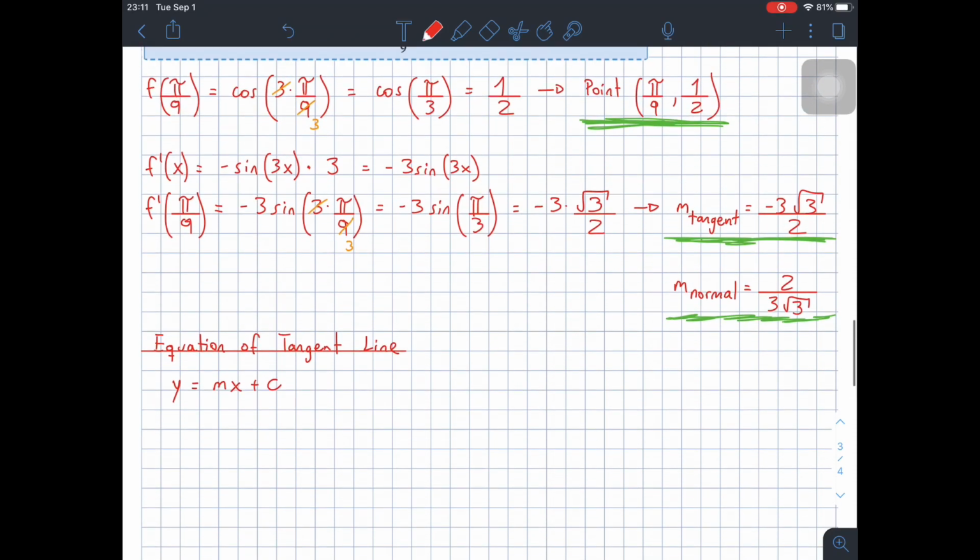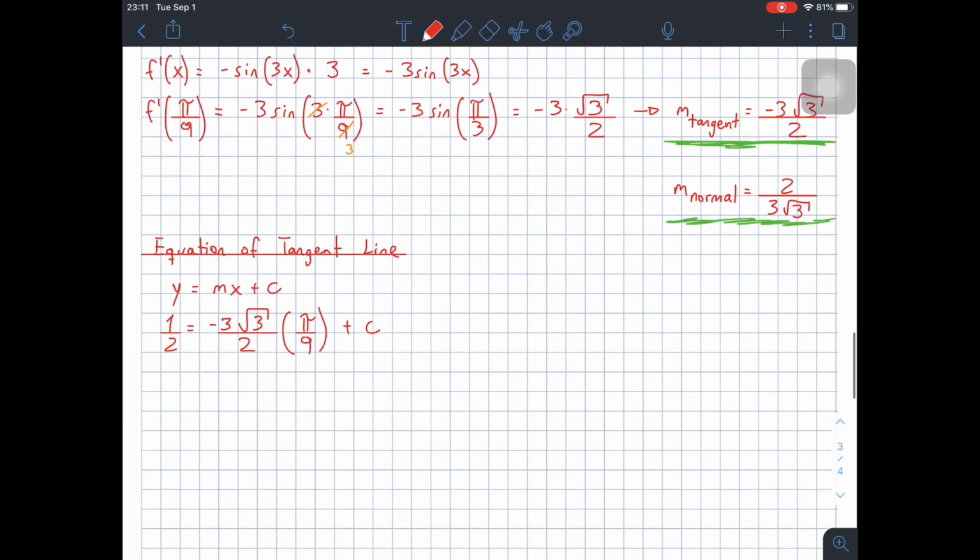Our given point is this one over here, so y is 1/2. The slope is this value for the tangent, negative 3 root 3 over 2, times x, which is pi over 9 in this case, plus c, okay? And then we need to solve for c.